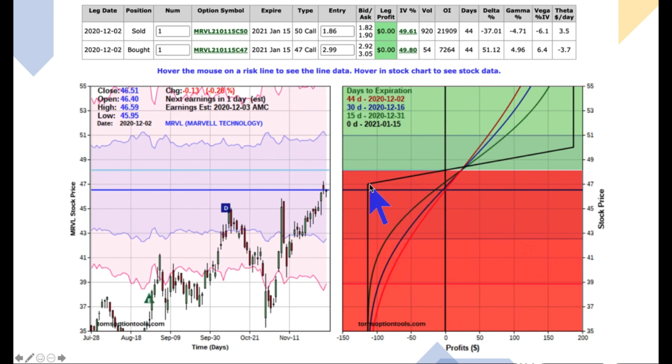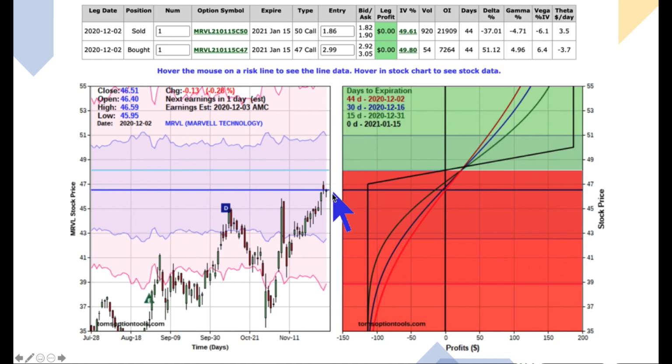But we can have no more risk than what the entire spread costs, which is around $1.15. The reward happens if we're above the 50 call; then we're maxing out and making that $1.85 on the spread. So that's what a bull call spread looks like. Buy the lower, sell the higher.